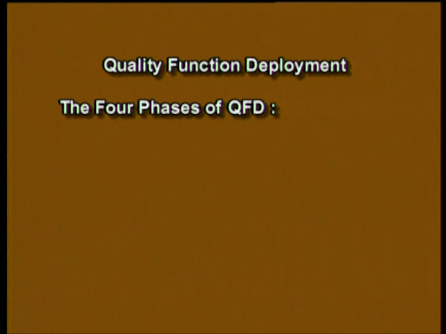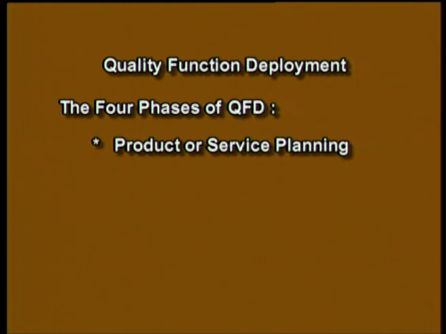basically involves 4 phases. The first phase is product or service planning. The focus here is understanding the customer requirements and translating those into the features to satisfy those requirements. And this is very fundamental, and the voice of the customer in terms of the customer requirements must be heard.